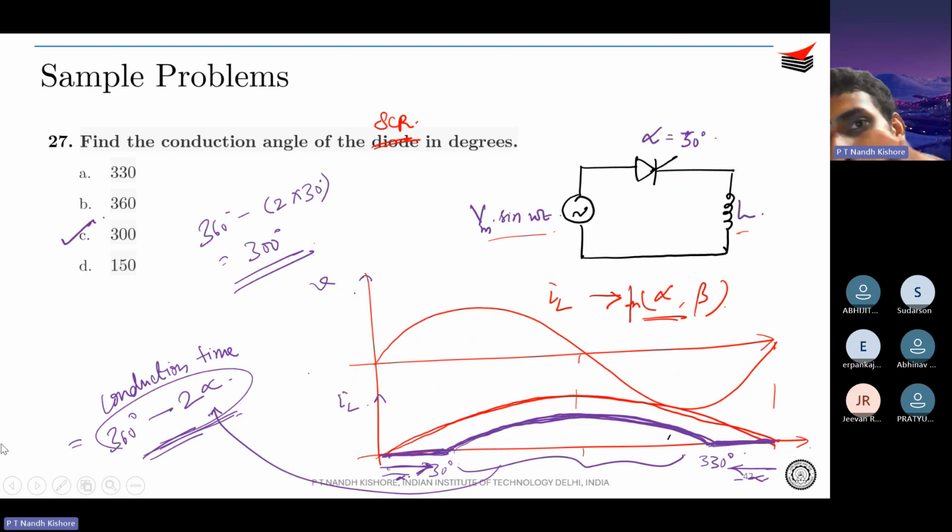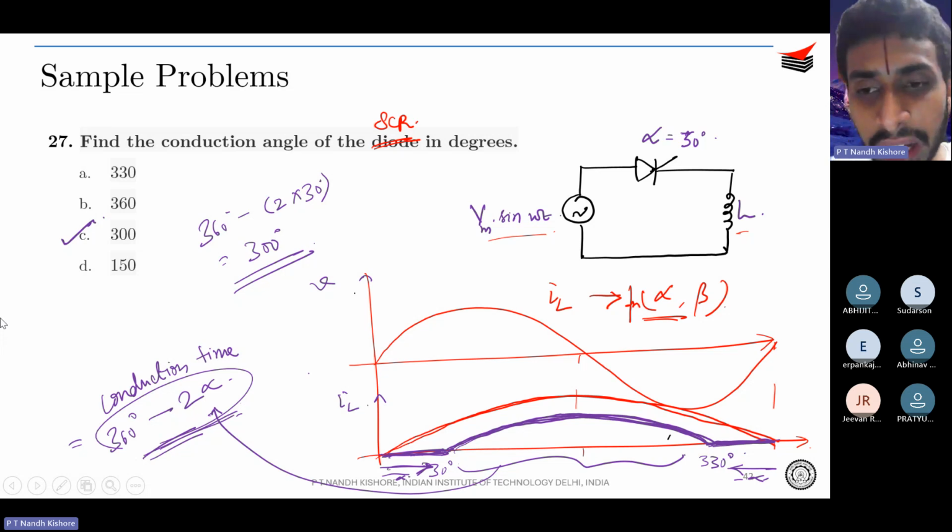However, any rectifier circuit, if you have gone through the lectures, will have something known as an extinction angle, correct? Any rectifier circuit that does not have a freewheeling diode will have an extinction angle called beta.